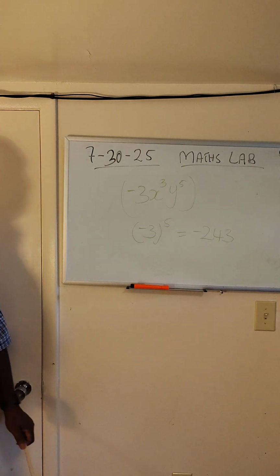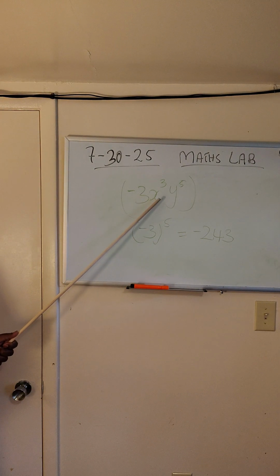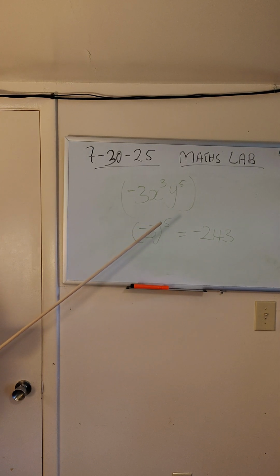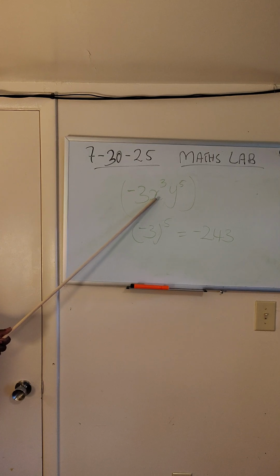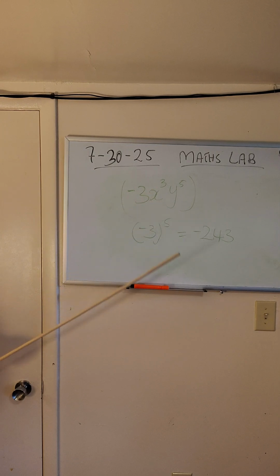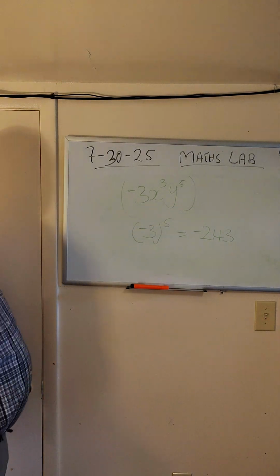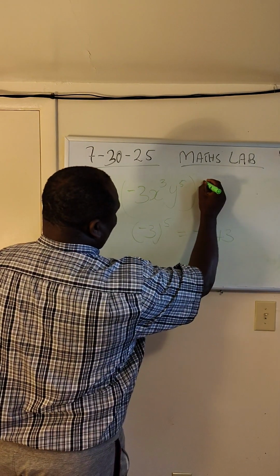So we are dealing with the variable x raised to the power of 3, and now we raise it to the power of 5. I forgot to put a 5 here.